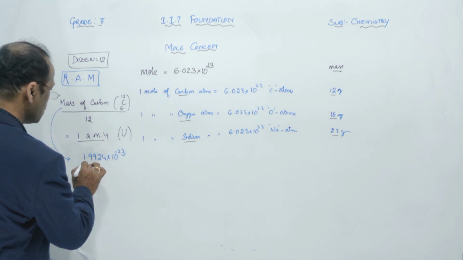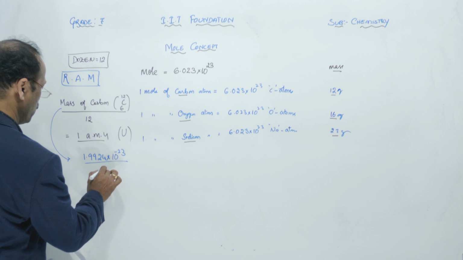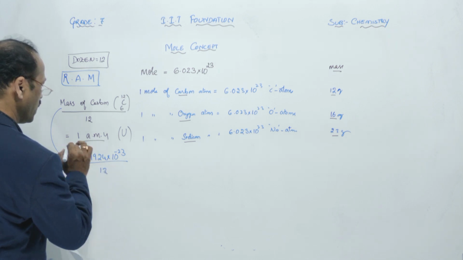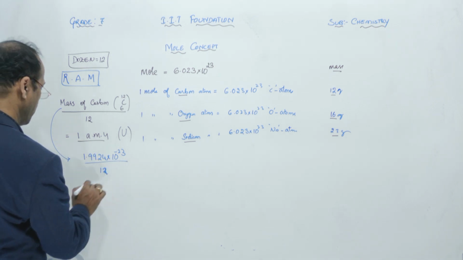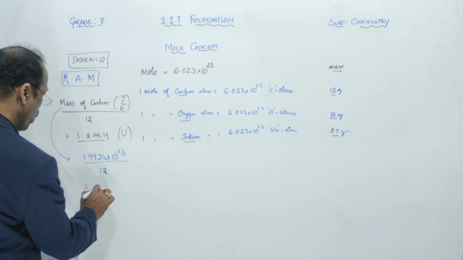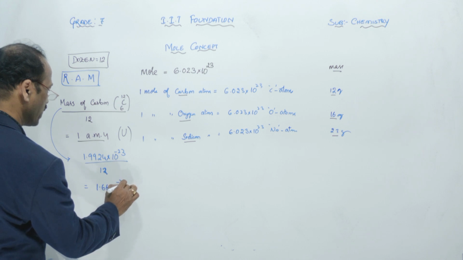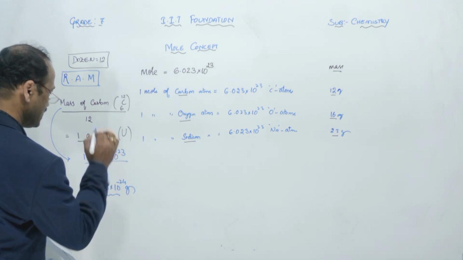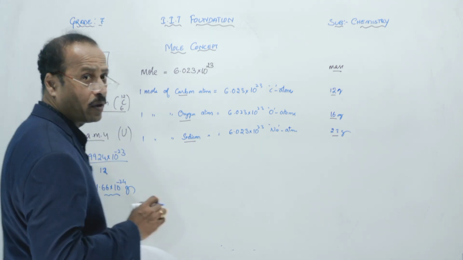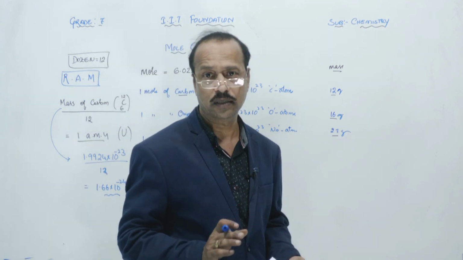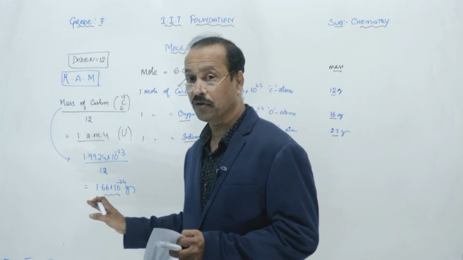So you divide this by 12. On dividing by 12, what we get here is 1.66 into 10 to the power of minus 24 grams. So this is equal to 1 atomic mass unit in terms of grams.